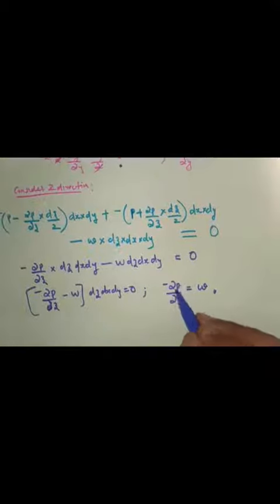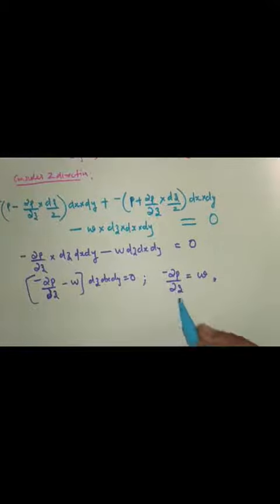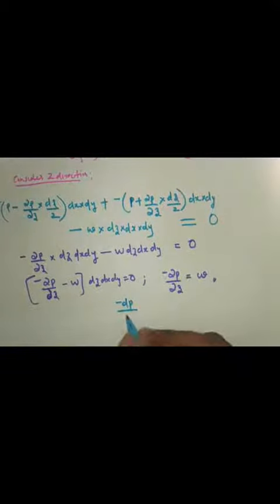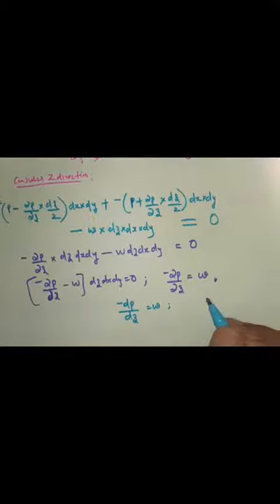Since we have seen that there is no variation of p with respect to x and y, p becomes a variable in one dimension only. So we can write minus dp by dz is equal to w, the specific weight.